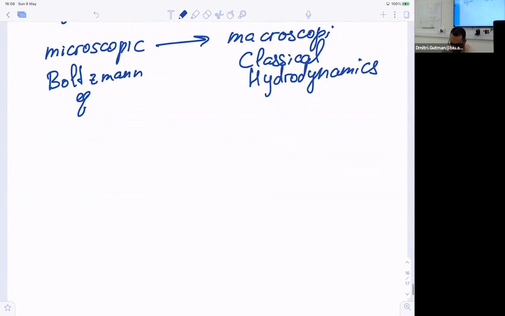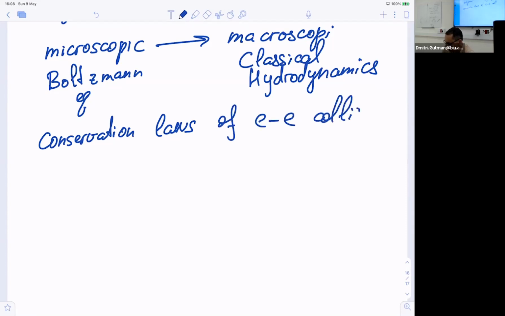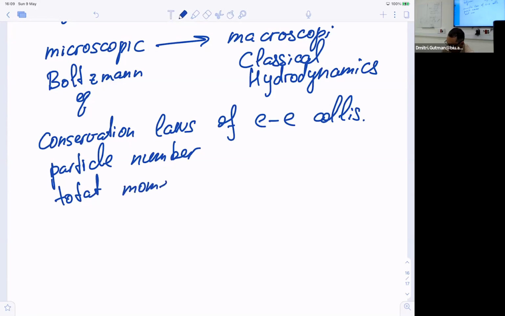Okay, so as we said last time, there are conservation laws that are satisfied by the electron-electron collisions. These are particle number, total momentum, and total energy of the electronic system.